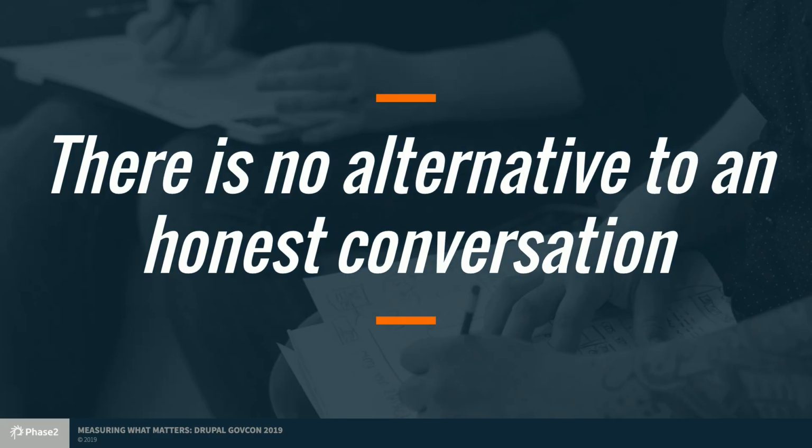In short, there's no alternative to an honest conversation with your senior leadership, with the folks who are writing your content day in and day out, with the folks who are maintaining it, with contract writers, with content developers. There's really no alternative, no substitute to just sitting down and doing the research and thinking and talking. You might learn this leads to some difficult conversations.